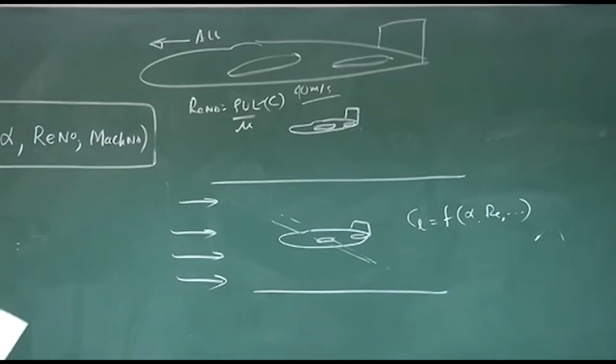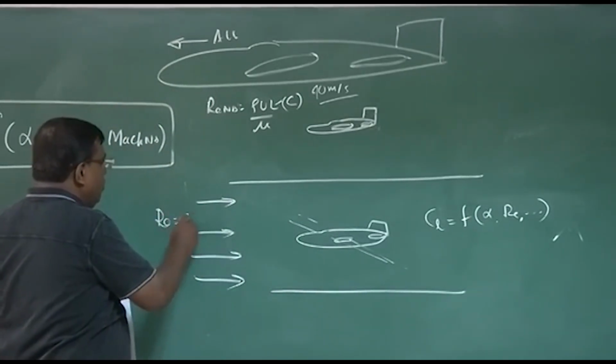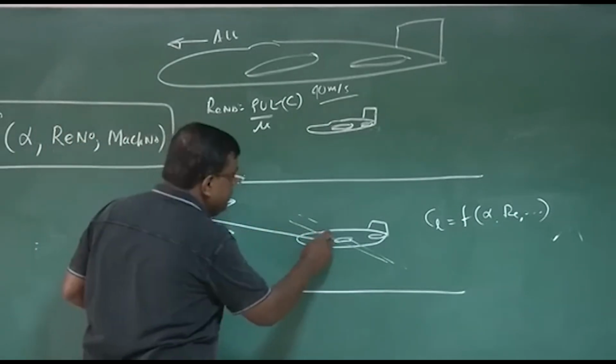I will duplicate the same Reynolds number here, because here I know Reynolds number again is rho u L by mu, but L will be the chord of this scaled down model.